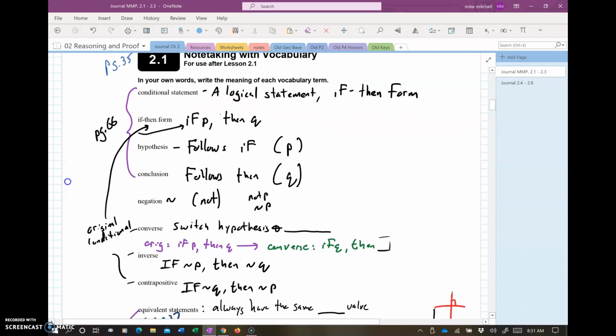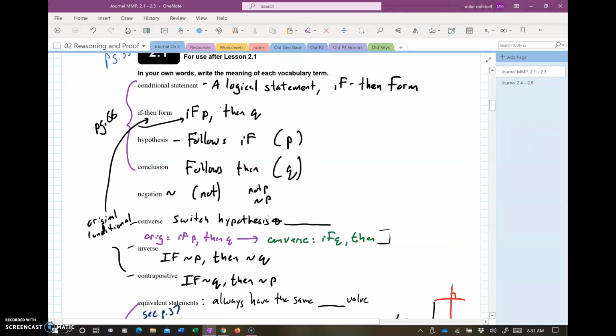Okay. Now, this is our original, it's going to be in this form here. If P, then Q, our original conditional. The converse is an adaptation on that. That switches the hypothesis and conclusion.